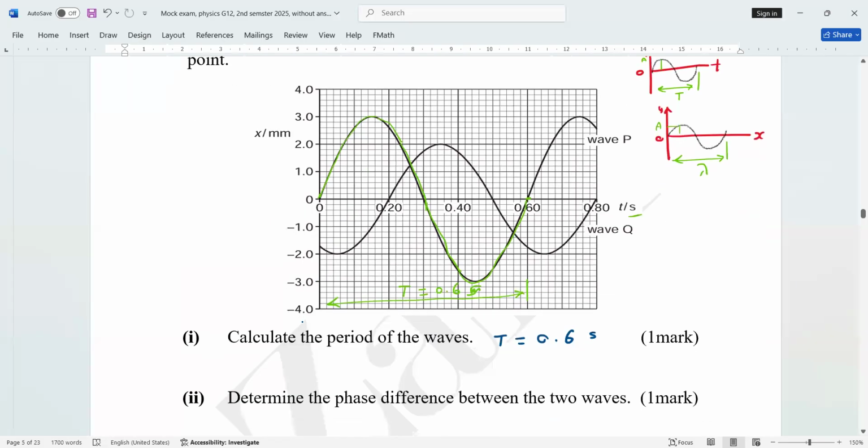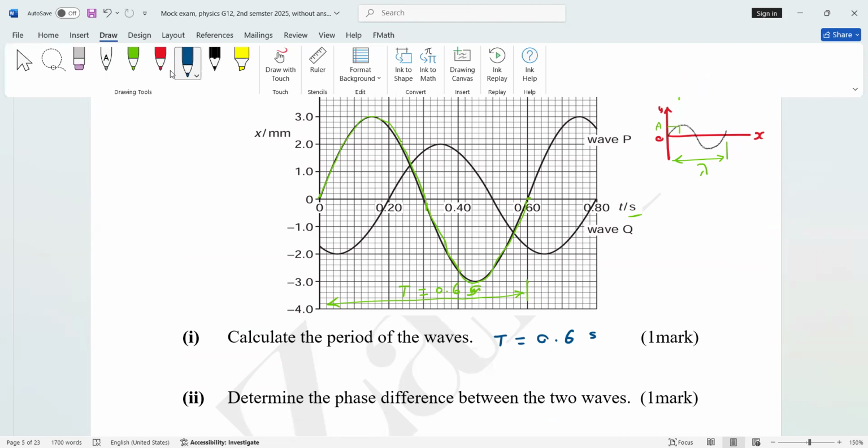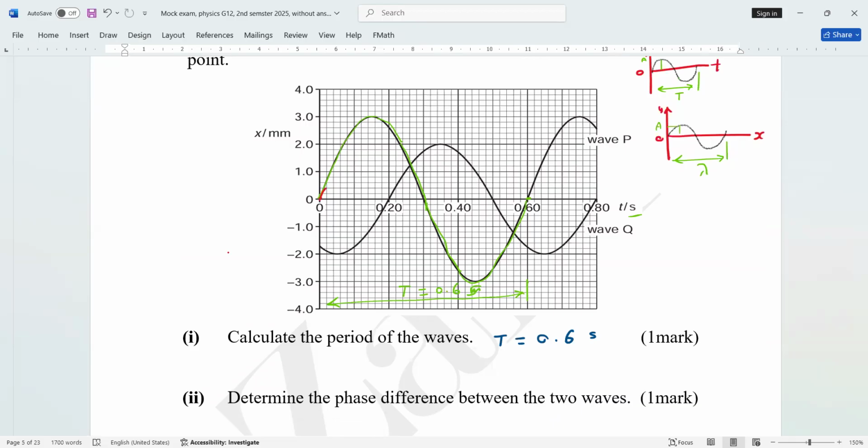Now, second, determine the phase difference between the two waves. Now, the phase difference when they are sine. So the first wave starts as sine from this point, and the second wave starts from this point as sine. Then this is the phase difference. Now, we have a formula for the phase difference if it's time.